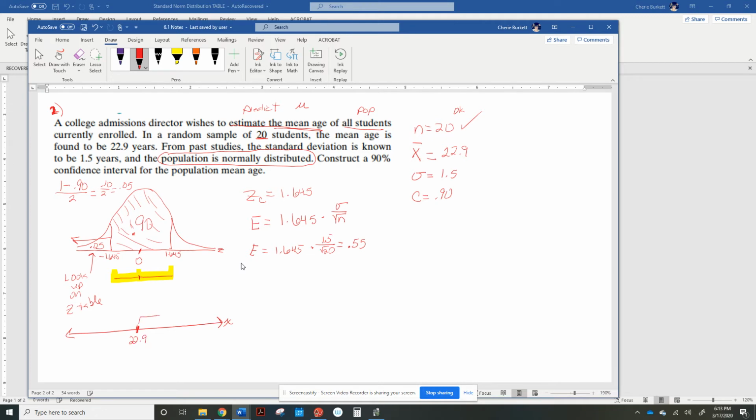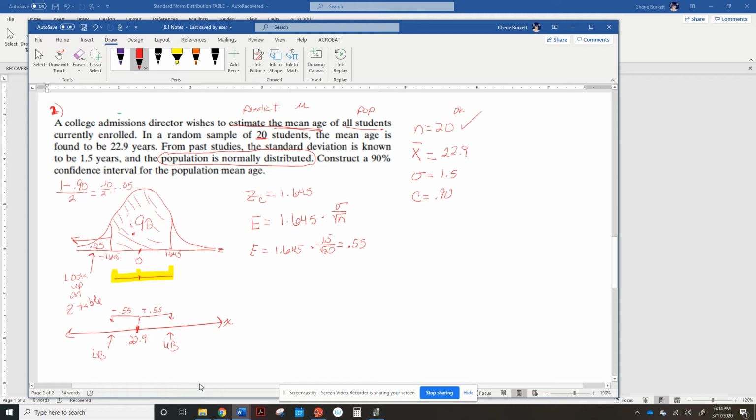And we're going to go 0.55 in this direction by adding, and then we're going to go minus 0.55 in that direction, and we will get our lower bound and our upper bound. This number right here will be our upper bound. This number right here will be our lower bound.